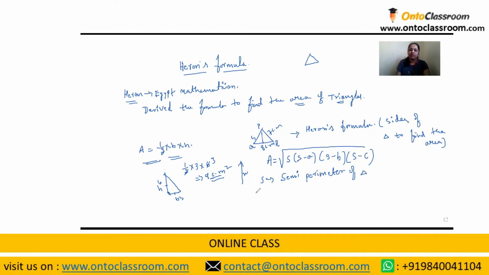And what about A, B and C? A, B and C are the sides of the triangle whose area we are going to find.